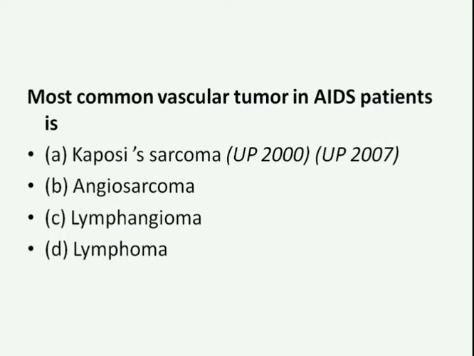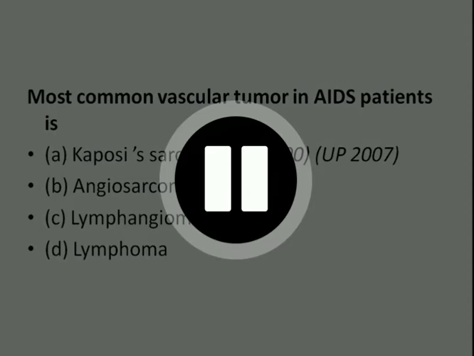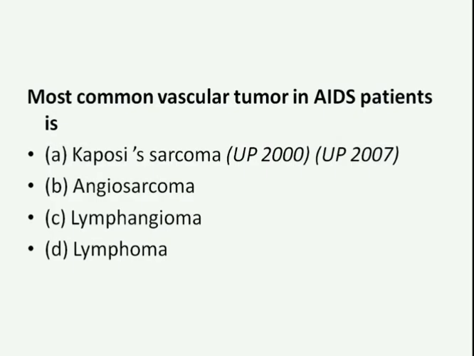Human herpes virus 8 infects the endothelial cells and leads to liberation of certain molecules: a novel inhibitor of P53 and a viral homologue of cyclin D. We know P53 is a tumor suppressor gene.